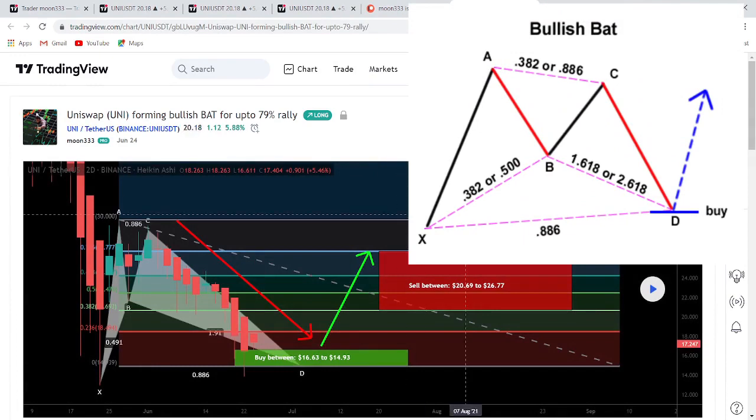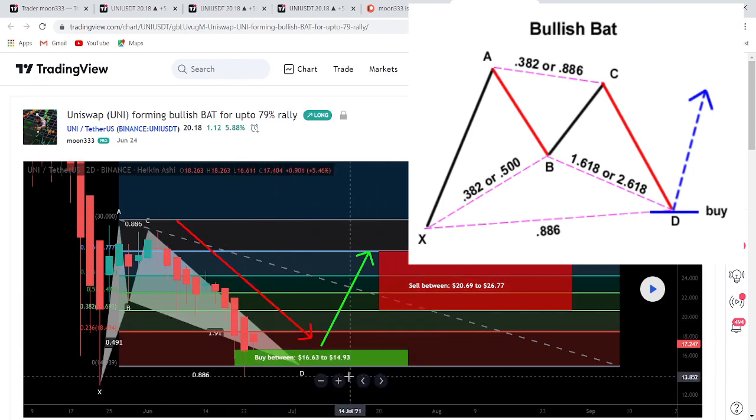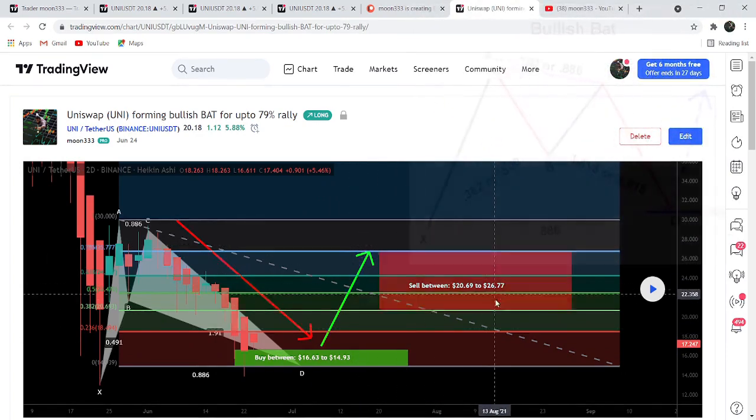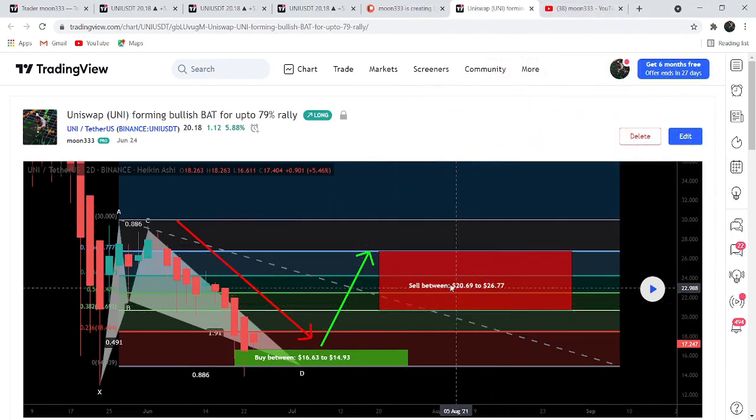However, most of the time it happens that the price line even crosses above the sell targets, which I define as per the Fibonacci sequence of any harmonic move. Like this one was formed on the 2-day chart, and the buying zone was starting from $16.63 and goes to $14.93, and the sell targets were from $20.69 and go to $26.77.